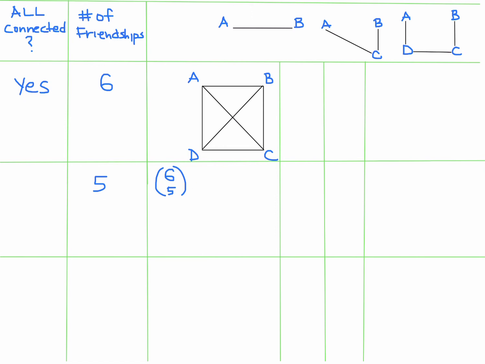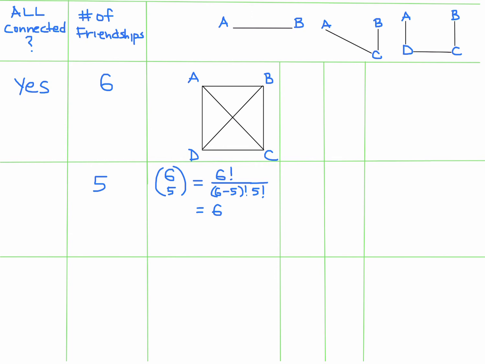6 choose 5. And 6 choose 5 is 6 factorial over 6 minus 5 factorial over 5 factorial. And if you do the math, that just comes out to 6. Okay? So there's 6 ways of having a situation of only 5 friendships.